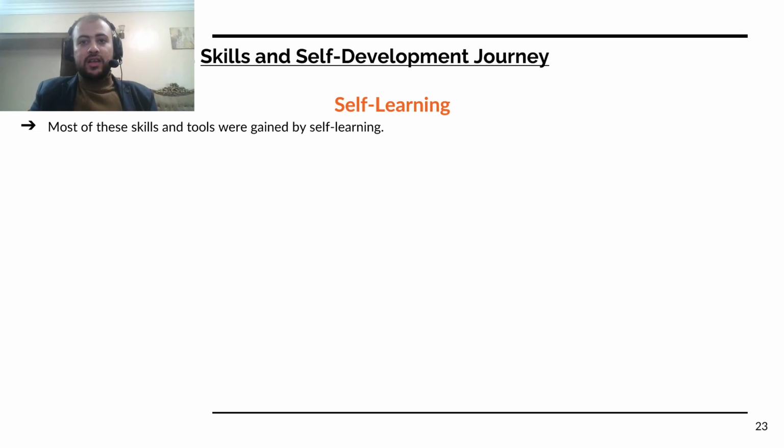All these skills were learned by self-learning, by taking courses online, by reading online, by trying with my hands, by trying code by myself. So it is actually a motto for myself that self-learning built a large sum of my skill sets.